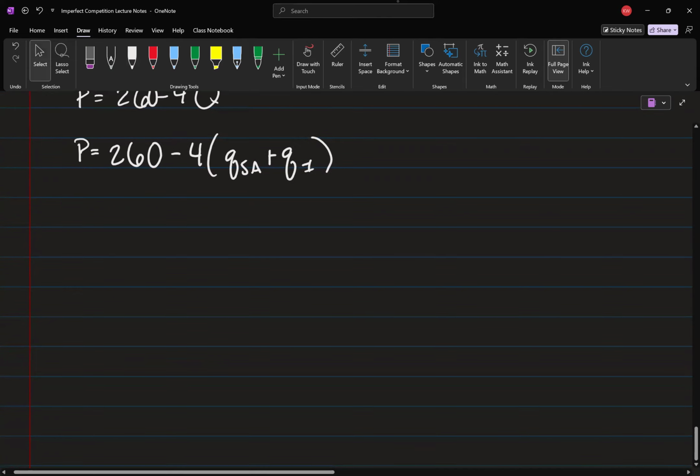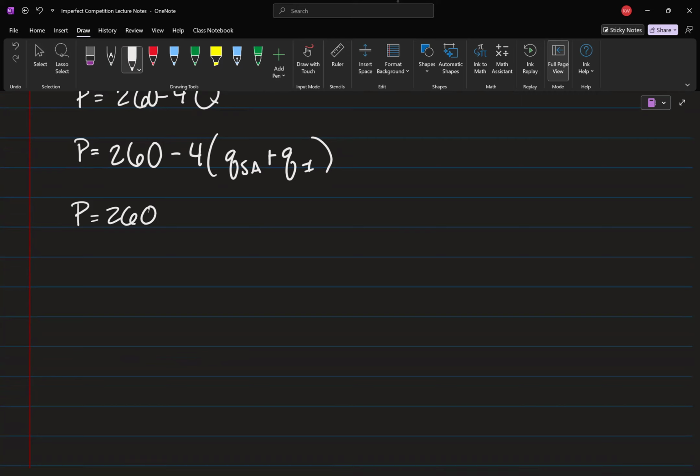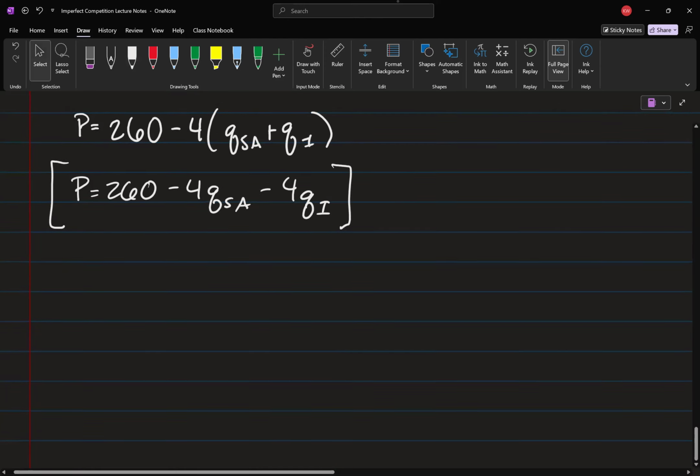From here, we'll distribute that -4 into the parenthetical. So we'll have price equal to 260 minus 4 times the amount produced by Saudi Arabia minus 4 times the amount produced by Iran. Now we have a version of the market demand curve that we can work with to identify how much each firm produces.